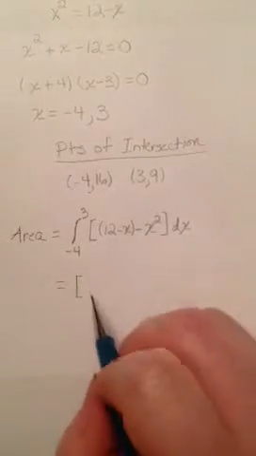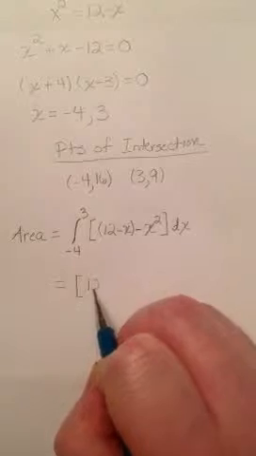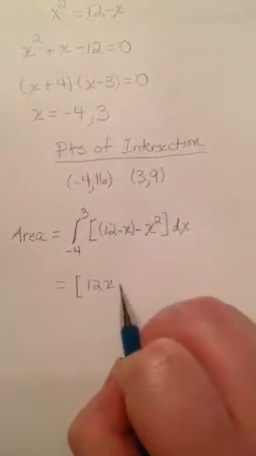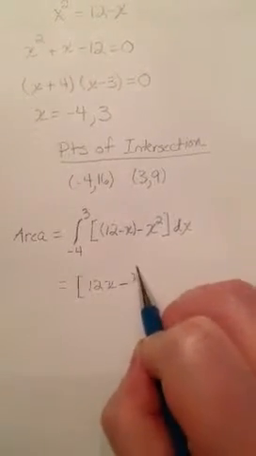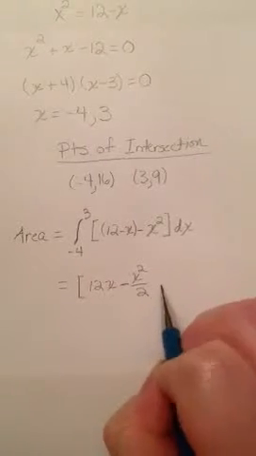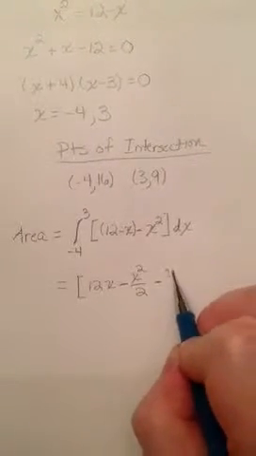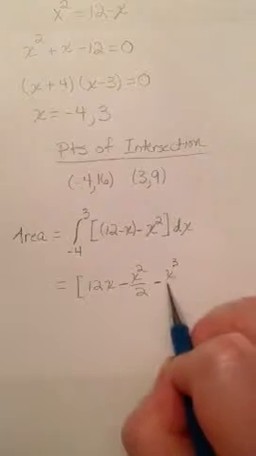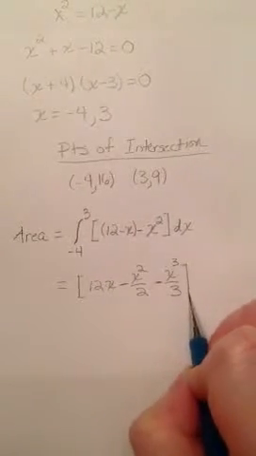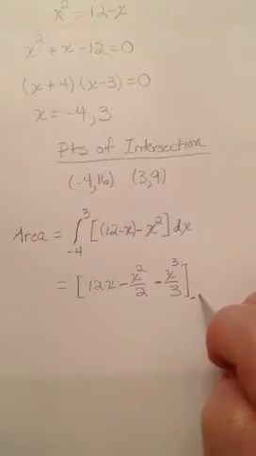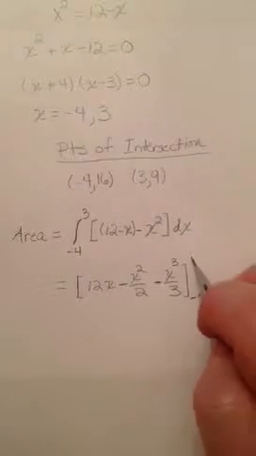No like terms are combined, so just going ahead with the power rule, we have 12x minus x squared over 2 minus x cubed over 3 as x goes from -4 to 3.